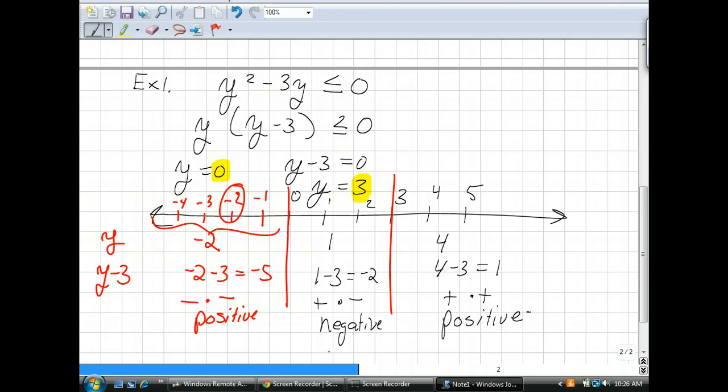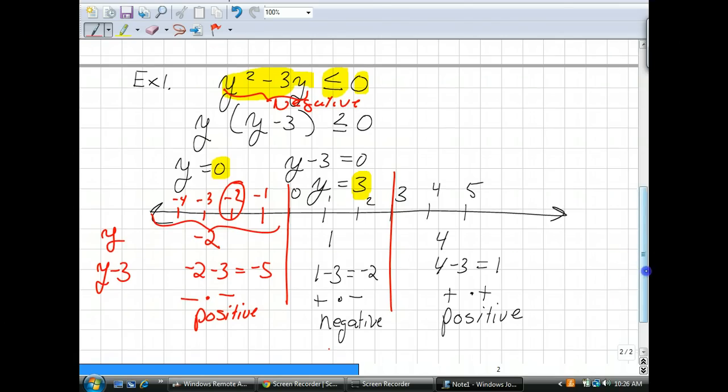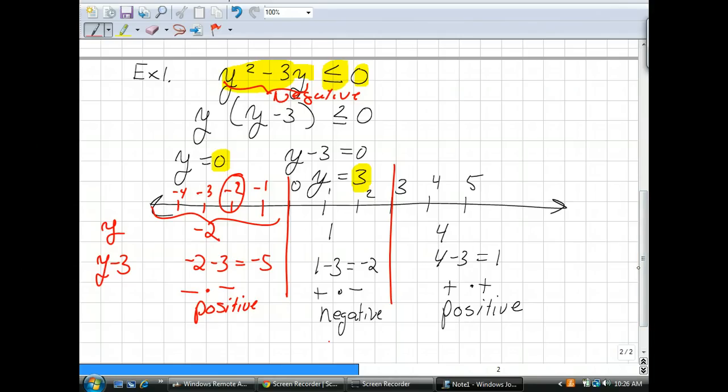Okay? Now, if we look at our inequality, we want this to be less than or equal to 0, which means that this side must be negative. So we look at our number line, and the only place where the product of the two numbers is negative is this interval between 0 and 3. Okay?